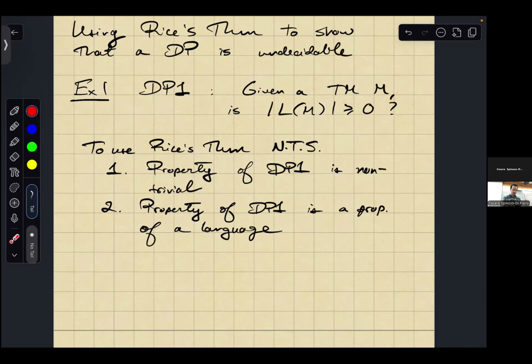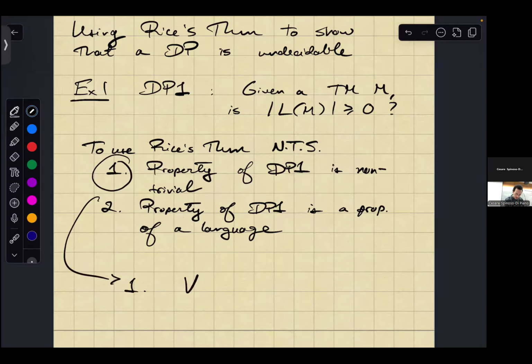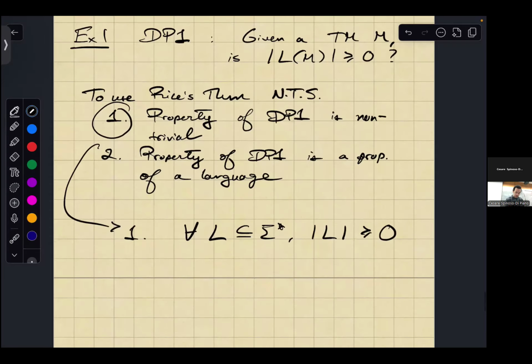So that actually means that this property is trivially true. So for every language L which is a subset of sigma star, I know that the cardinality of L is always greater or equal to 0. Therefore, the property of decision problem 1 is trivially true.